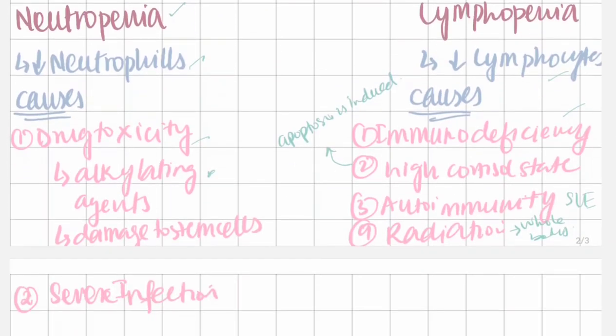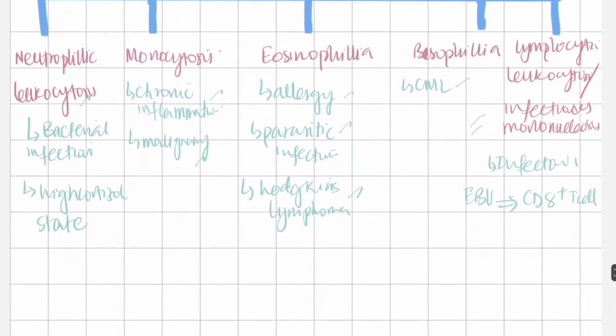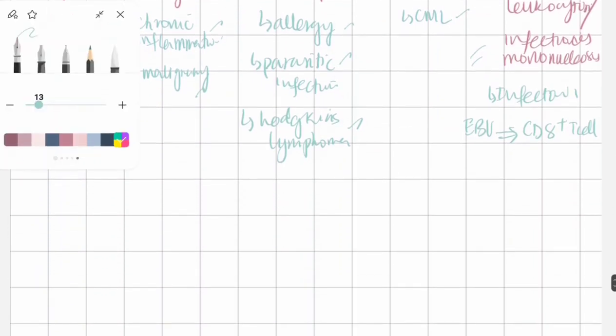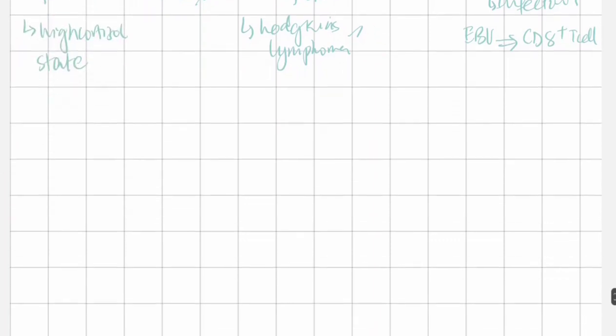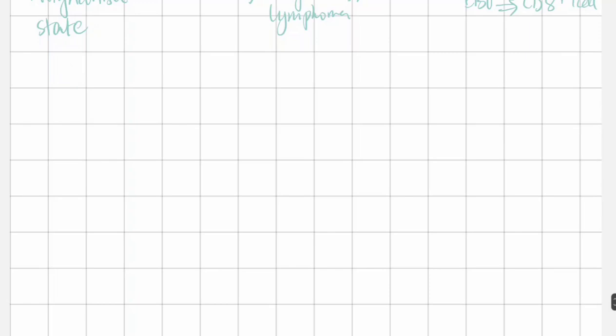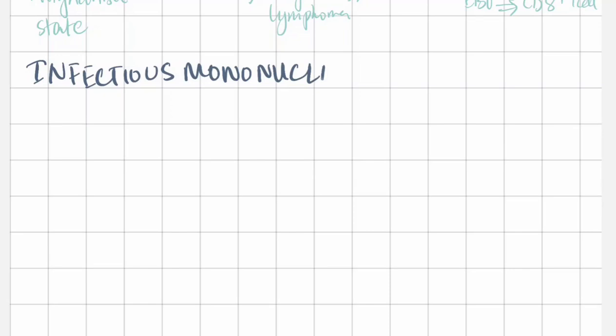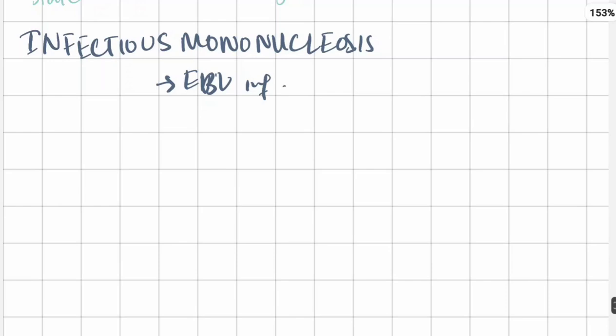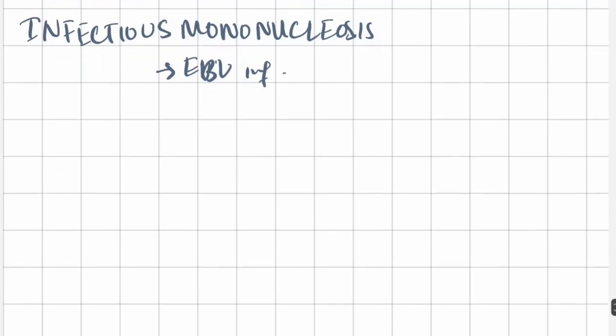Now we are going to do infectious mononucleosis. We need to know that it is associated with EBV infection, and the EBV infection results in lymphocytic leukocytosis.